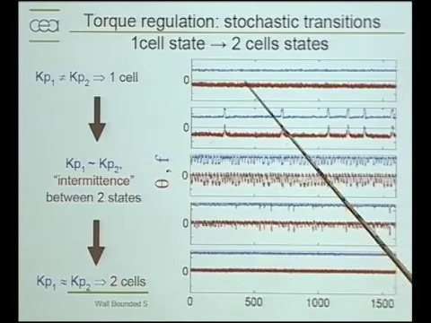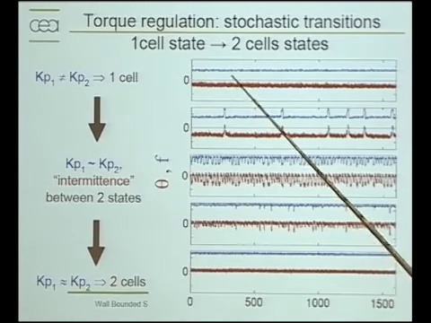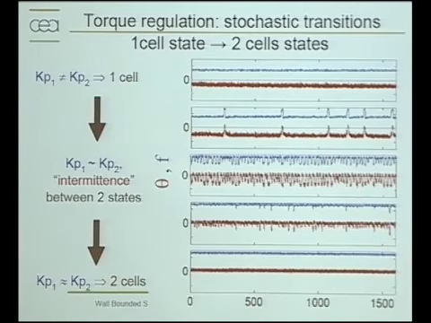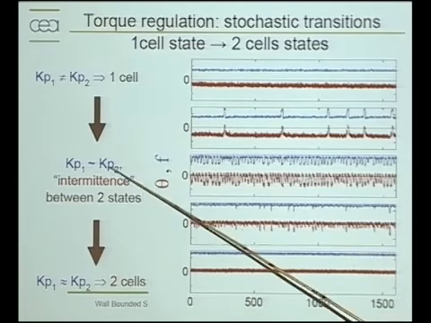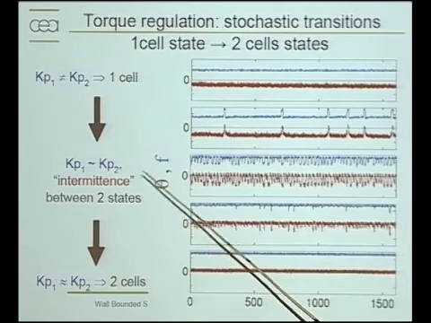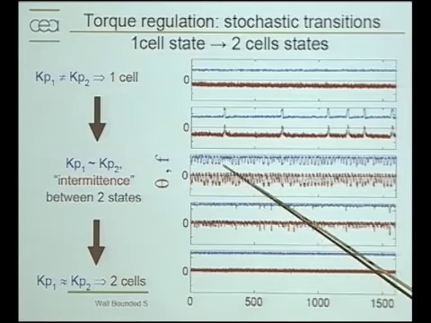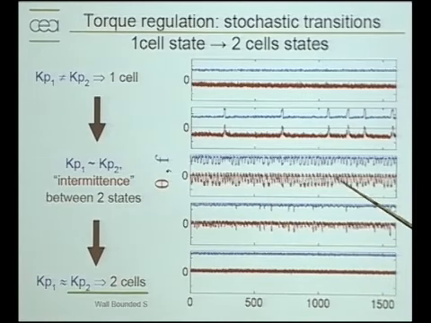This is for very different torques. So we know that for very different torques, we have this one-cell state only. This is theta in red, and this is the average frequency in blue. So we are imposing the torque, and we are measuring the frequency of rotation.